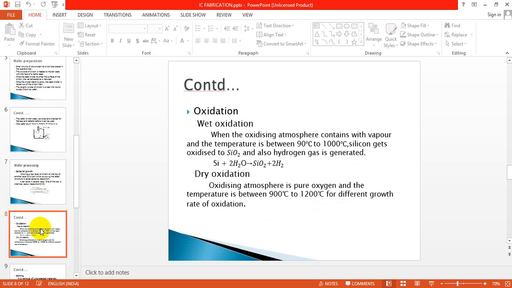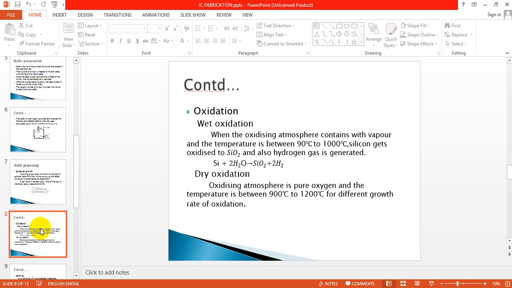There are two types of oxidation. One is wet oxidation and the other one is dry oxidation. When the oxidizing atmosphere contains water vapor and the temperature is between 900 degrees Celsius to 1000 degrees Celsius, silicon gets oxidized to SiO2 and hydrogen gas is also generated, and this is wet oxidation.